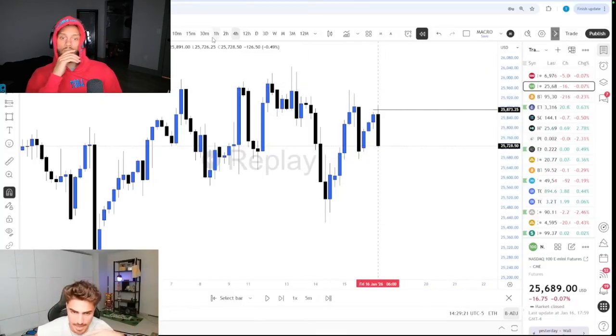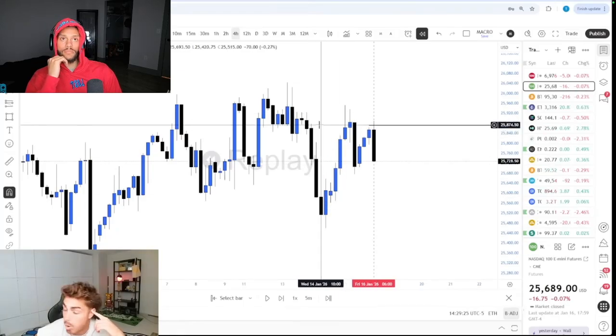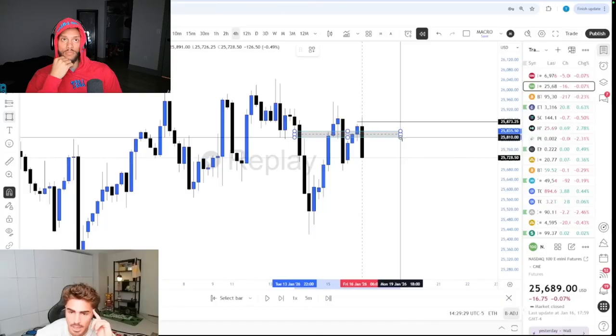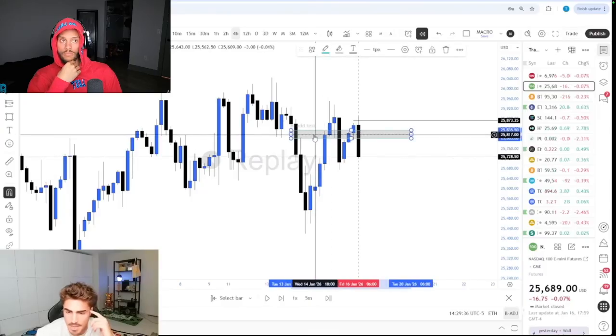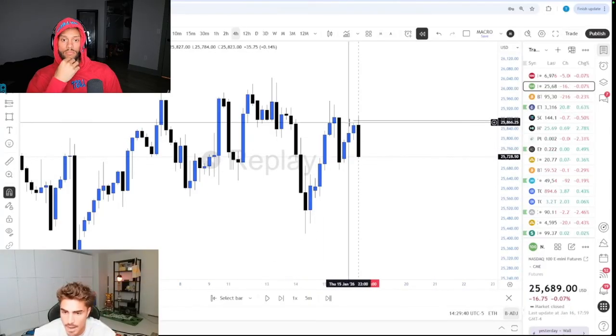At this point in time, I'm seeing on the high time frame, we're in bullish order flow. We inverse this top gap right here, so we move down, we inverse this top gap, and now we're respecting this 4-hour equilibrium.